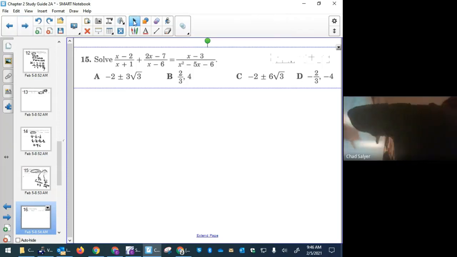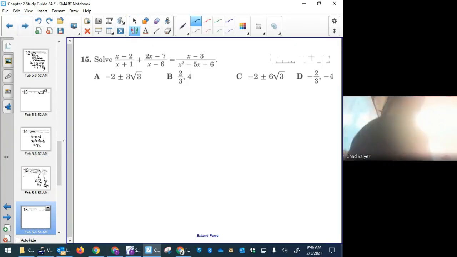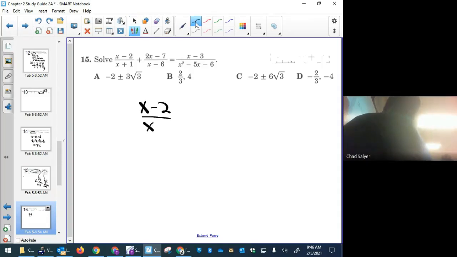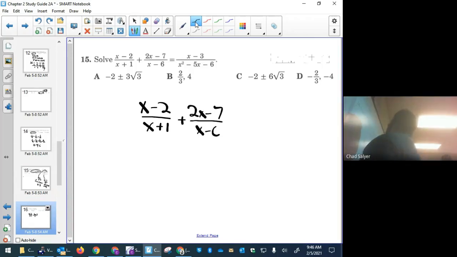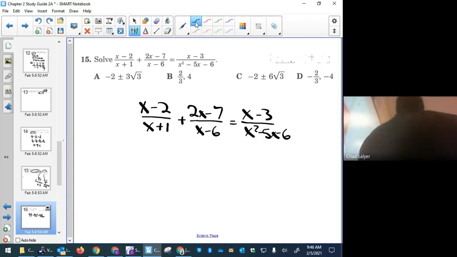Number 15, rational equation. This one will be a little tricky. Notice I've just breezed through these problems up to this point. One required a little bit of work, but this one might be the most intense yet. What I need to do is get common denominators throughout. x plus 1, x minus 6.